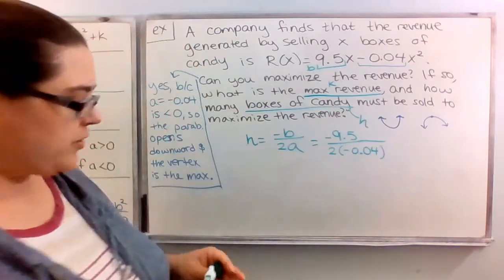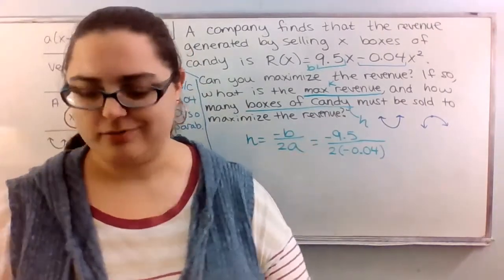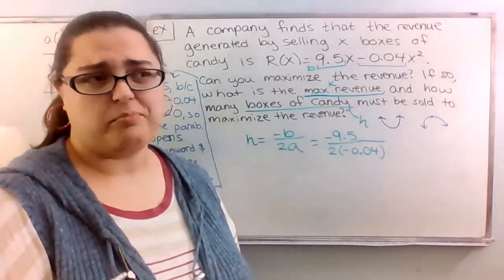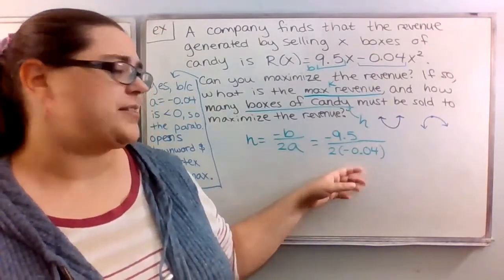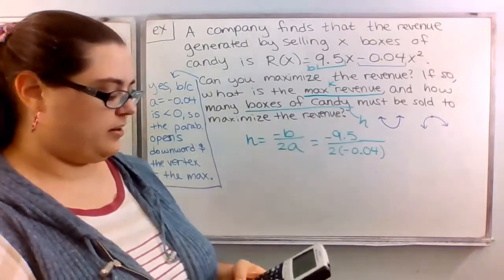I was getting nervous with this value being a negative because I was like, we can't have negative boxes of candy that we're selling, because that would mean we're buying all the boxes, but we're good to go. And now, because in applications, numbers tend to be messier, we're just going to calculate this on our calculator.